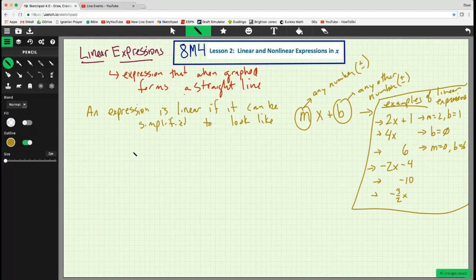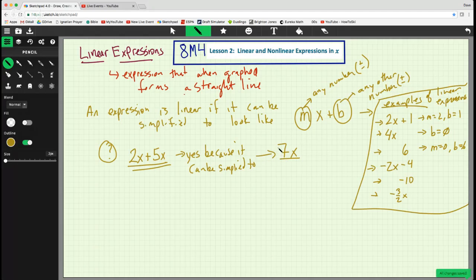Now my question for you: is this a linear expression? 2x plus 5x. Is that linear? And the answer is yes, because it can be simplified to, what is this simplified? 7x.